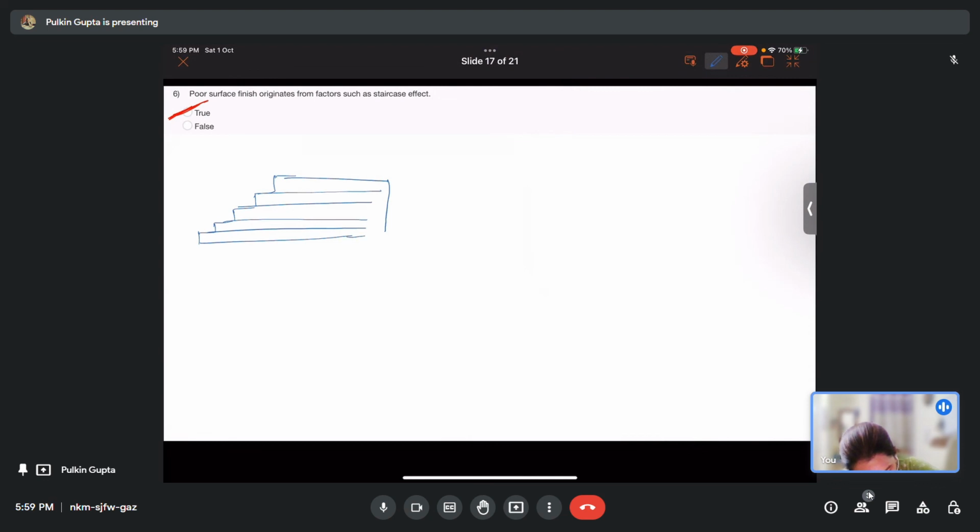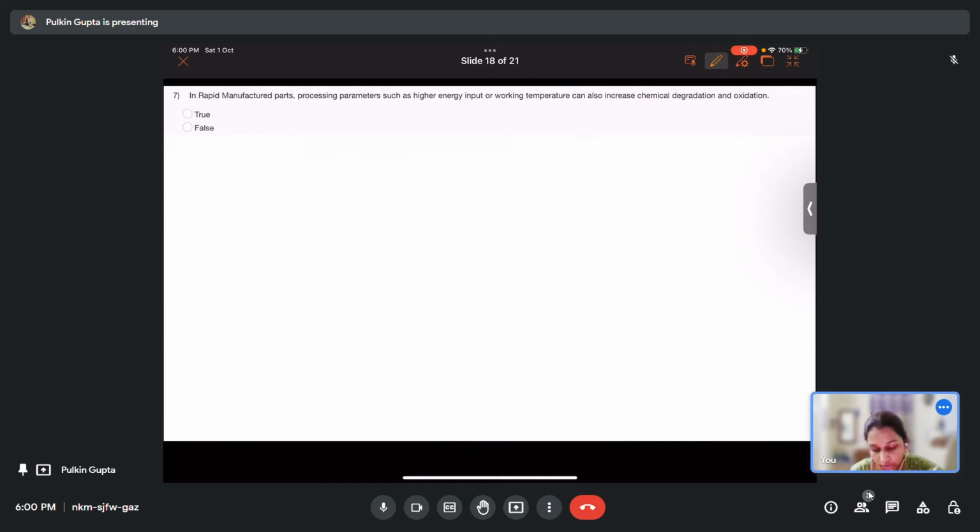Because of zero inclination here, there is no staircase, but because of an average inclination in geometry, there are staircases generated. So these are your stairs. And this has caused surface roughness or poor surface finish.